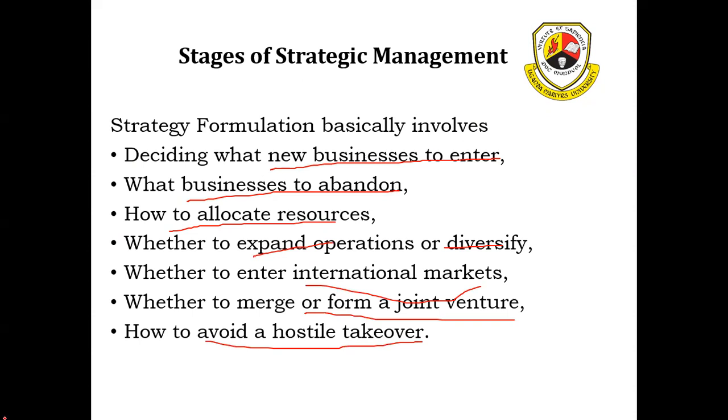Now, of course, as I'm talking about this, I'm talking about strategy in general, not about ICT strategy. But these questions should later on guide you on ICT strategy development.